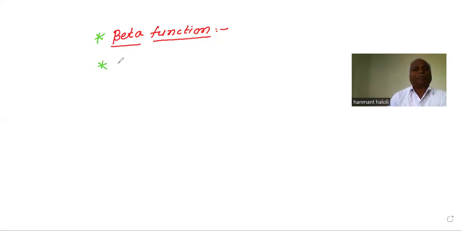Now, I'll first write the definition of the beta function. Here, the integral I equals the integral from 0 to 1 of x raised to m minus 1, times 1 minus x raised to n minus 1, dx.